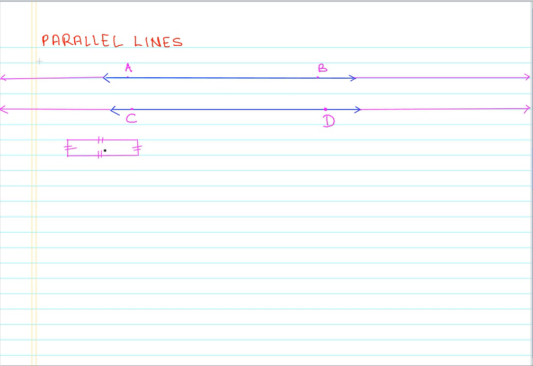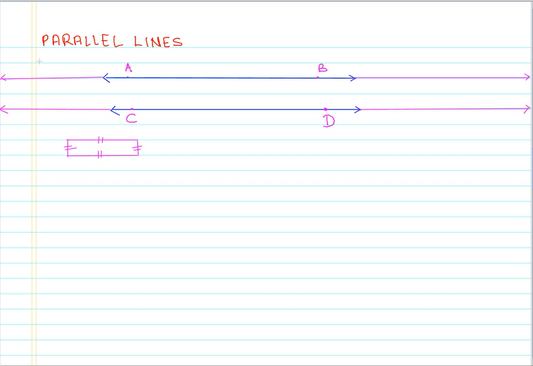So these are again examples of parallel lines. We can say parallel line segments in this particular case. Then there are several other examples. Wherever you find lines that will never meet, no matter how far you extend them, those are all valid examples of parallel lines.